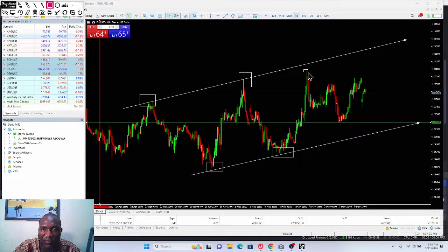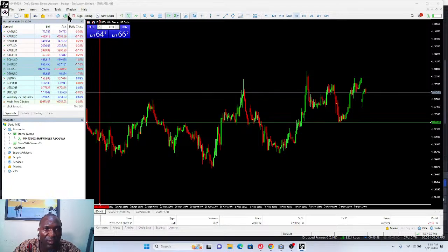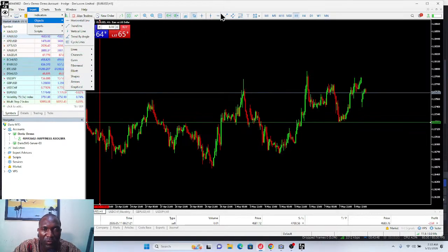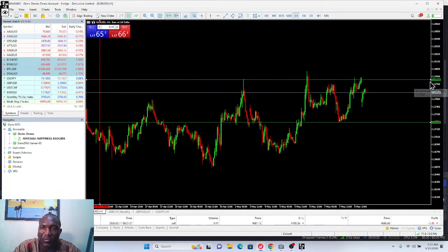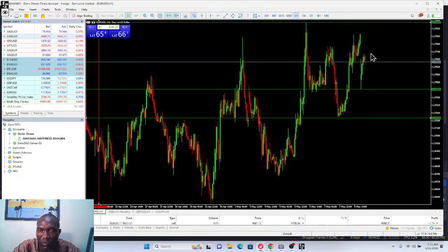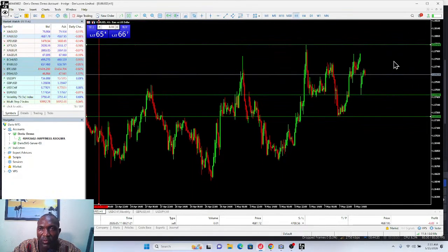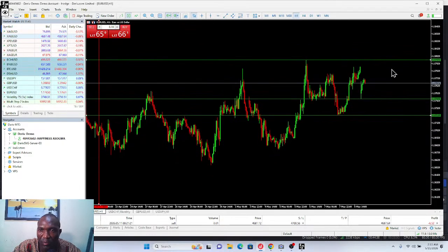This place is, okay, it's still higher, sorry, because if I use a horizontal line, so that you can see that it's higher. This place is higher than here, so it's still valid. I'm looking at the market to be able to break here. So that is the top down analysis.